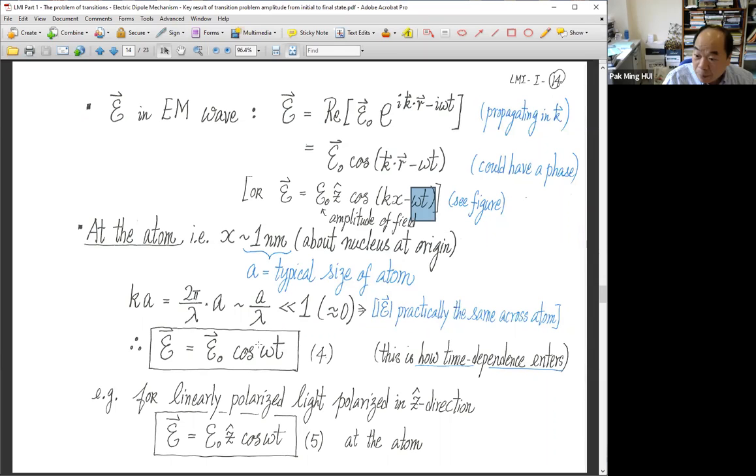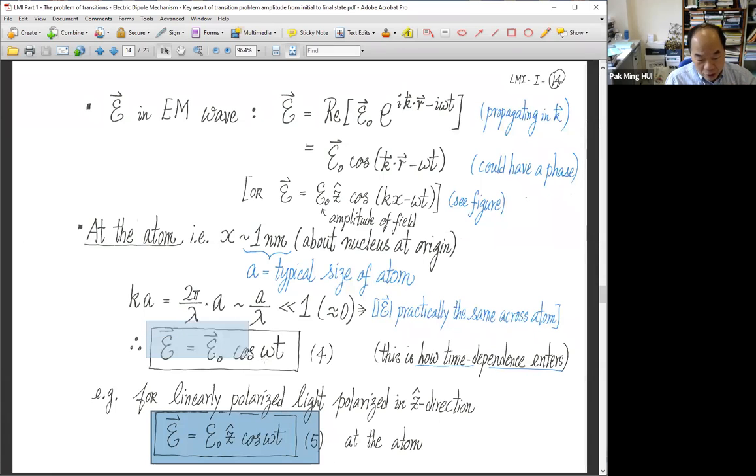With this simplification, the E field becomes a very simple thing: linearly polarized, a vector amplitude in front, and then cosine omega t. If it is linearly polarized in the Z direction, this amplitude points in the Z direction. So this will be the simplest form, although not completely general.